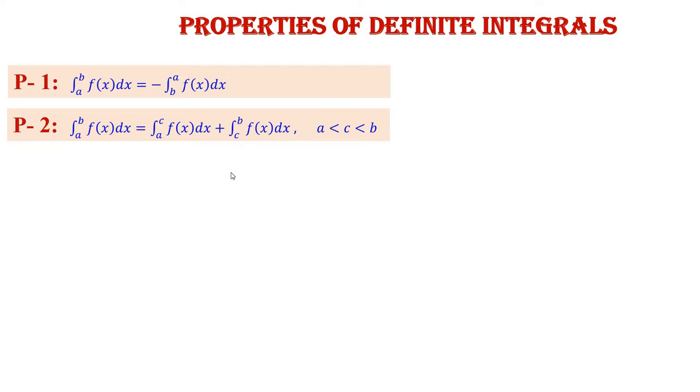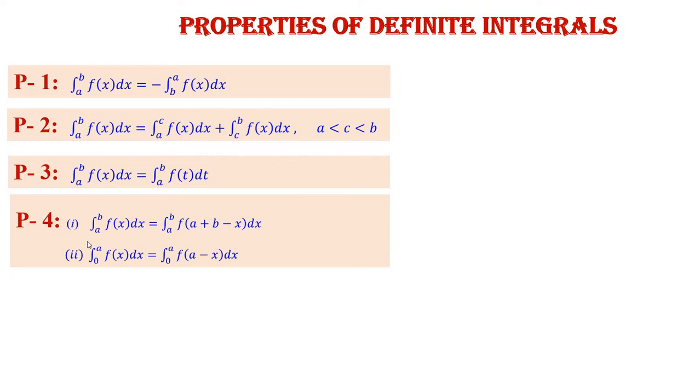And the third one, integral a to b f of x dx is integral a to b f of t dt. This is only a dummy variable, the variable of integration. It can be replaced by either t or u or v or y or z and so on. And the fourth one, we have two subdivisions.